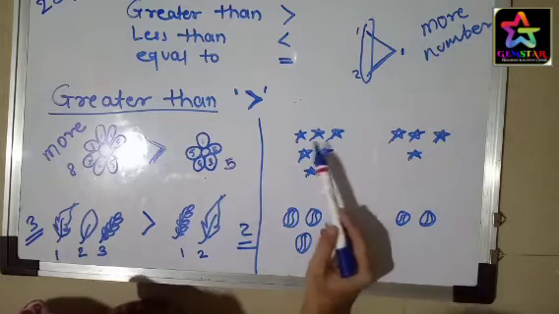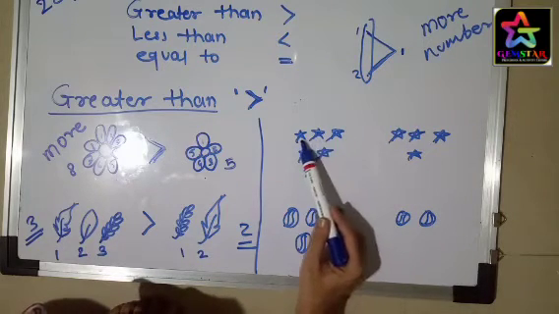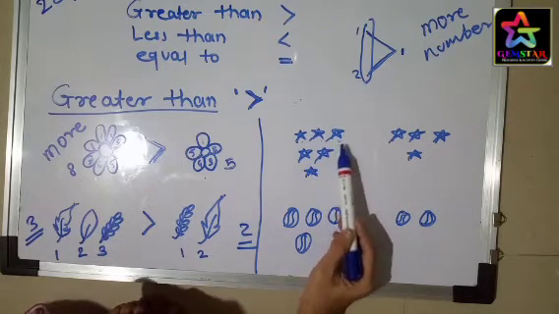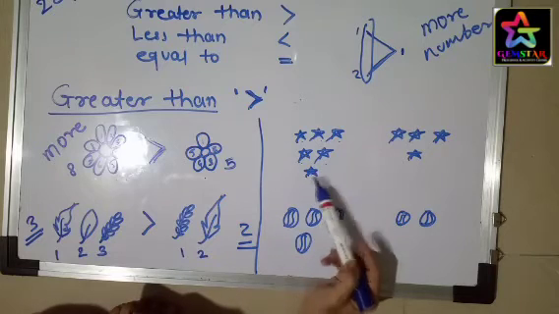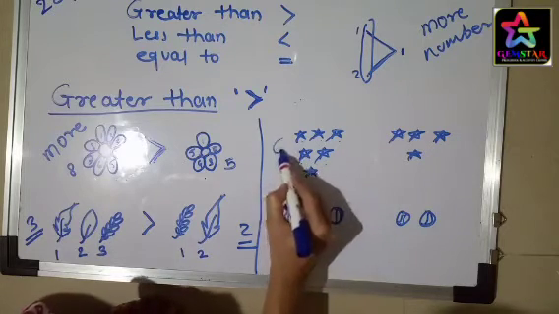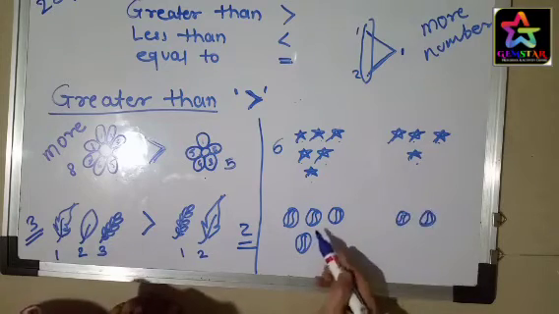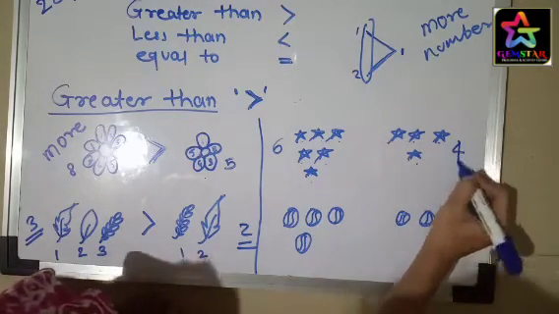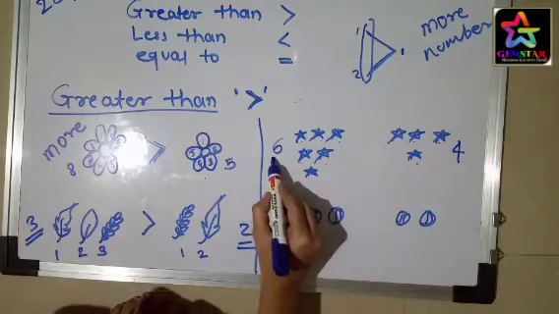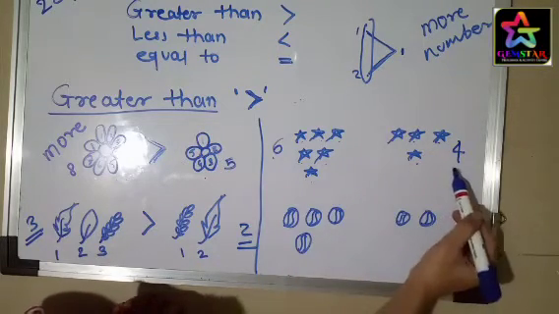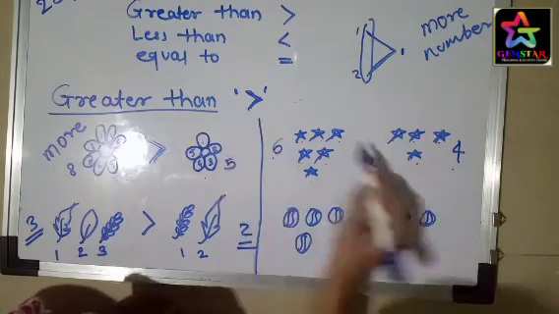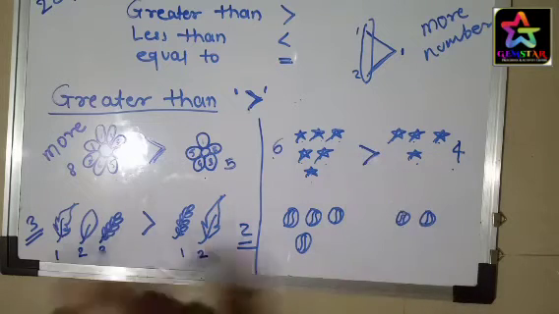Then how many stars are over here? 1, 2, 3, 4, 5, 6. How many stars? 6. And 1, 2, 3, 4. 4 stars. So 6 is a greater number than 4. So we put this sign as it is.